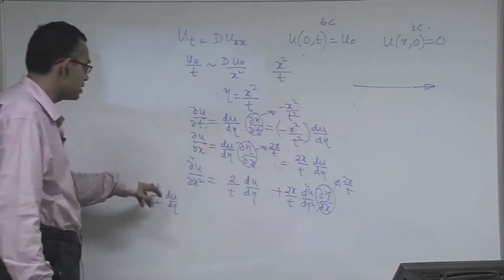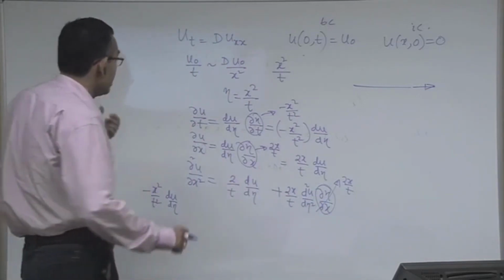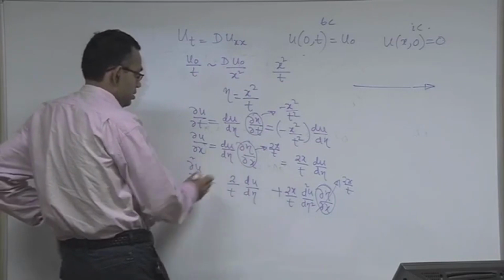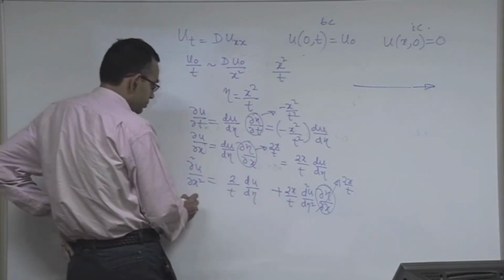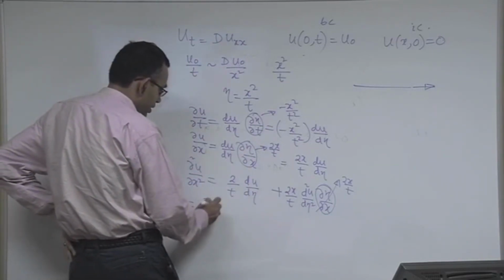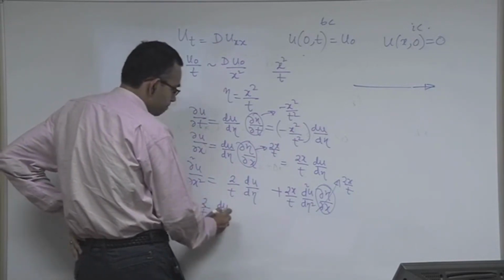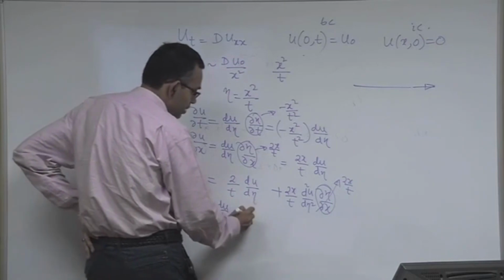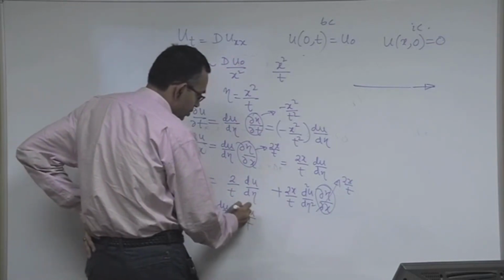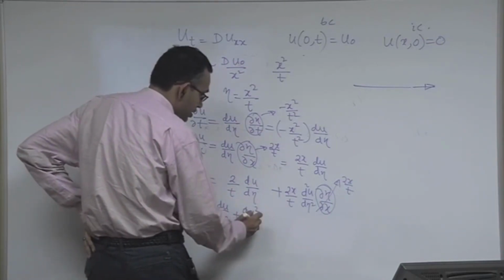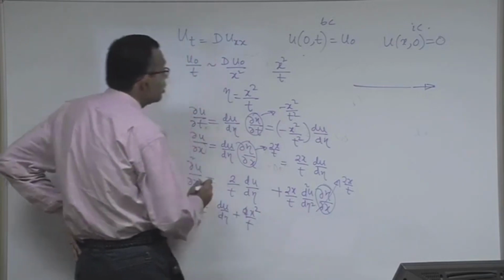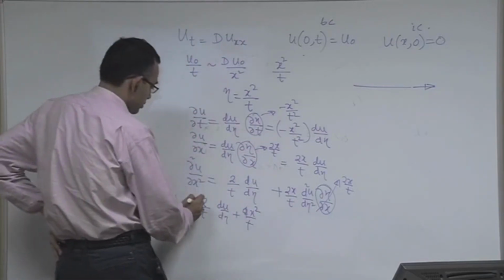So minus x square by t square du d eta is equal to 2 by t du d eta plus 4x square by t square d2u d eta 2.